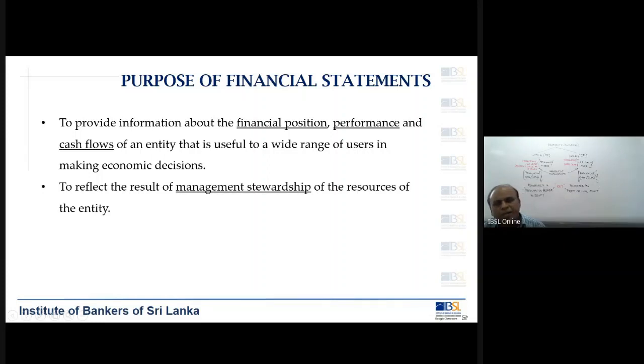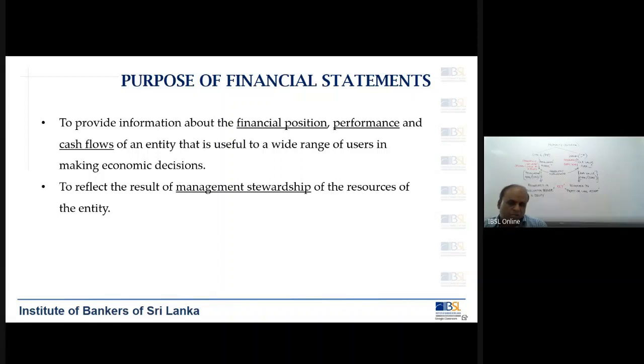Then the financial statements also look at whether the management stewardship of the resources of the entity is reflected. What do you mean by management stewardship? It is how the company is managed by your top management, that is your corporate management, or by your board of directors, how they are making decisions, whether their decisions are reflected in these financial statements.